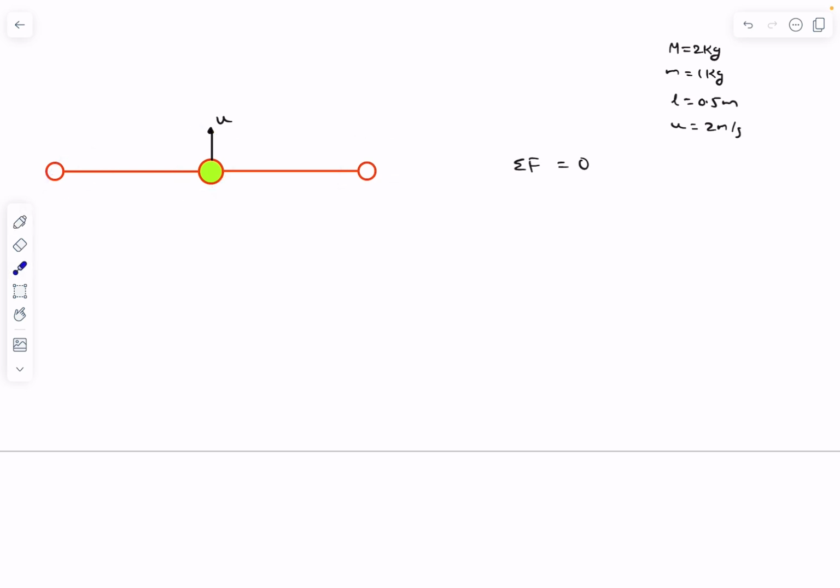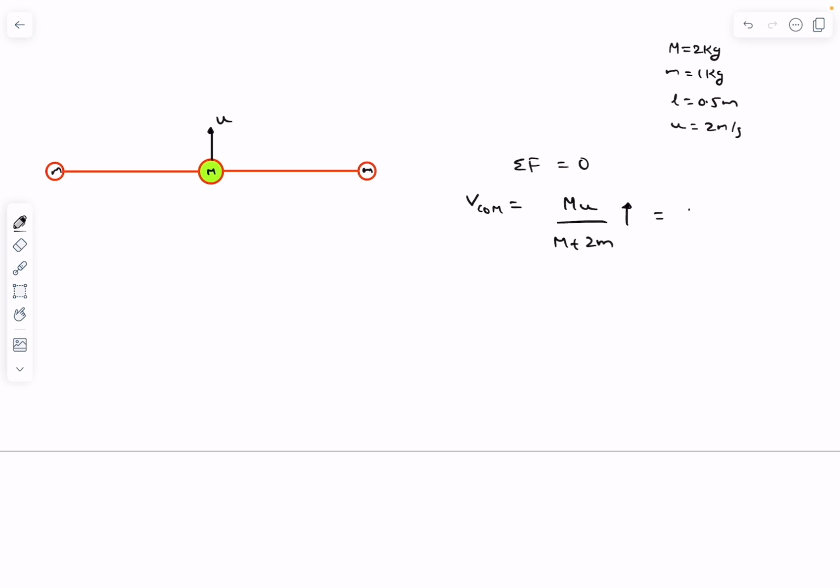But in this question, different from the previous question, we have an initial velocity, which means the initial velocity of the center of mass is non-zero. This is capital M mass, and these are smaller masses. The initial velocity of center of mass will be capital Mu divided by capital M plus 2m in the vertically upward direction.